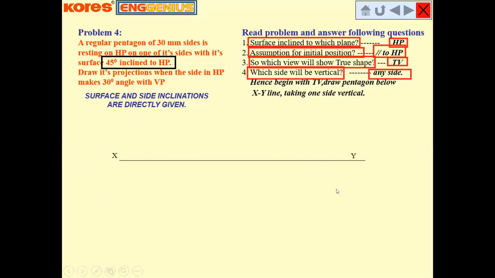Below this XY line, I have created one pentagon where the side of the pentagon is equal to 30 mm. So I have drawn one pentagon like this. Below the XY line is my top view. This true shape of the pentagon is my top view of the problem.